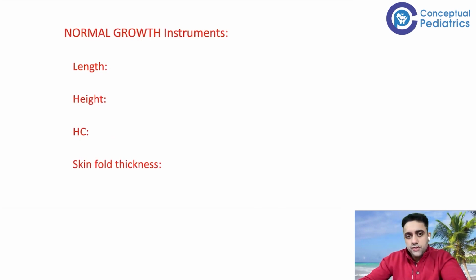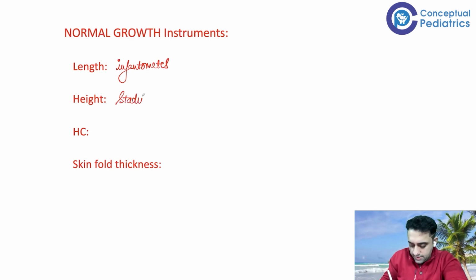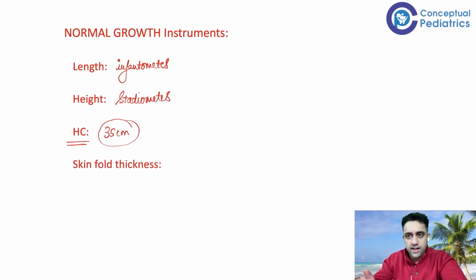Normal growth instruments. To measure the length of a baby, we use an instrument known as infantometer. And to measure the height of a baby, we use an instrument known as stadiometer, right? This is very basic. What is the normal head circumference of a newborn? It's around 35 centimeter, or 33 to 35 centimeter.